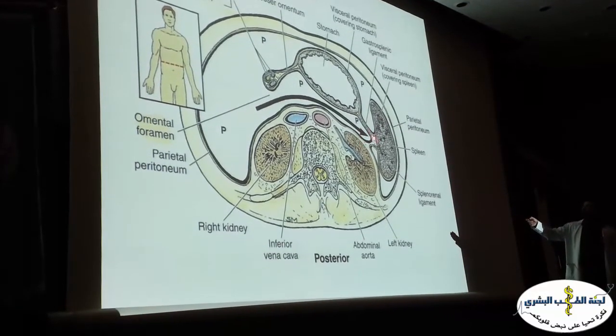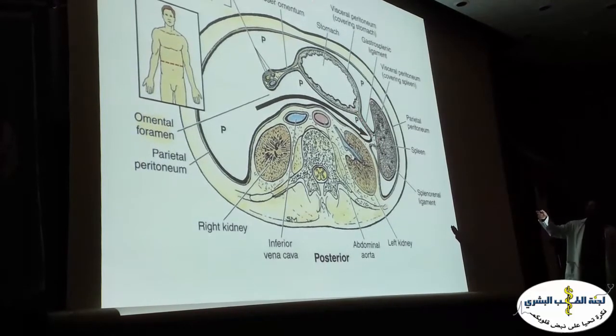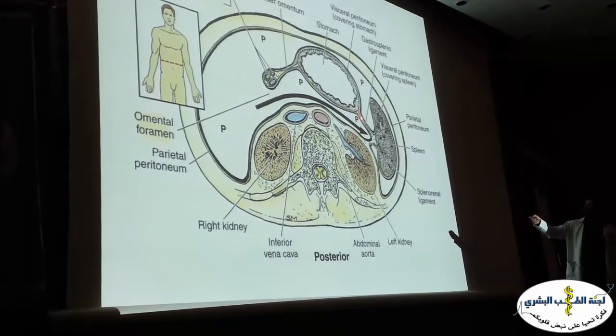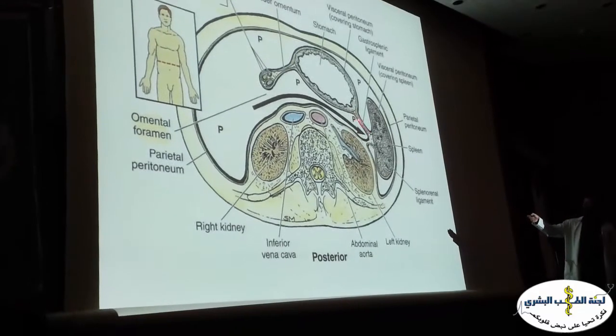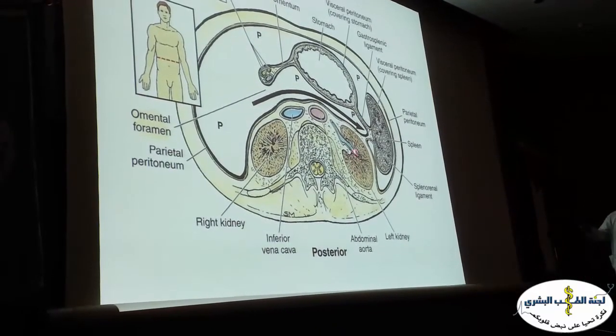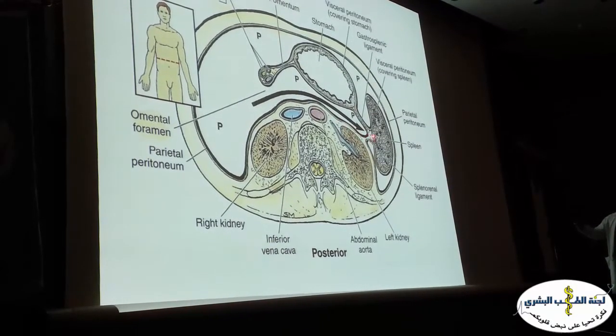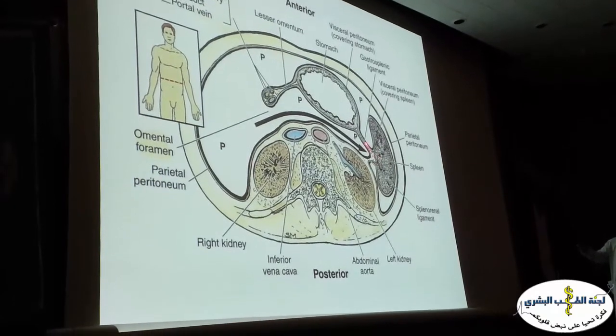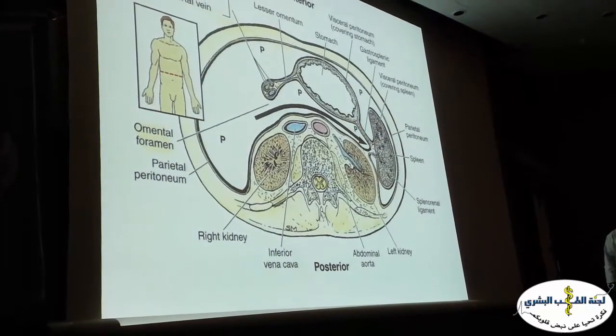Once it gets there, it will give a branch that goes up to the fundus, and another one will go down on the lateral curvature within this ligament, which is the greater omentum, before it gets into the spleen. So this is the pathway for the splenic. Before it enters here, it will give branches to the stomach through this ligament.